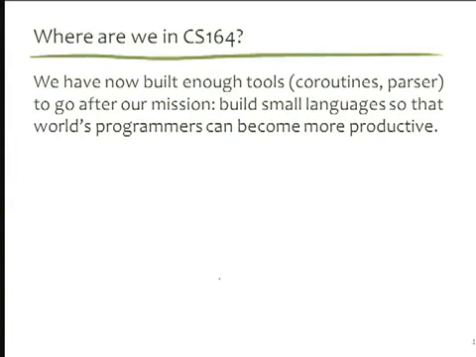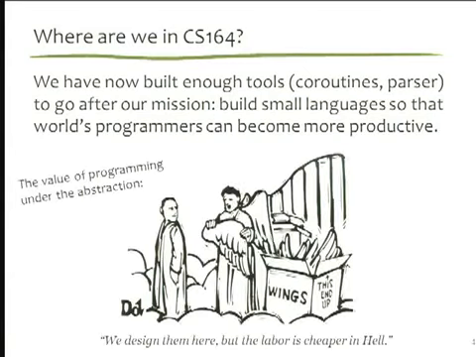So we are essentially here. We now should be able to start seeing the value of programming under the abstraction, which means programming the things that other programmers use, rather than being consumers of the programming technology. And so we are here, and we'll start looking at small languages and various constructs from now on.